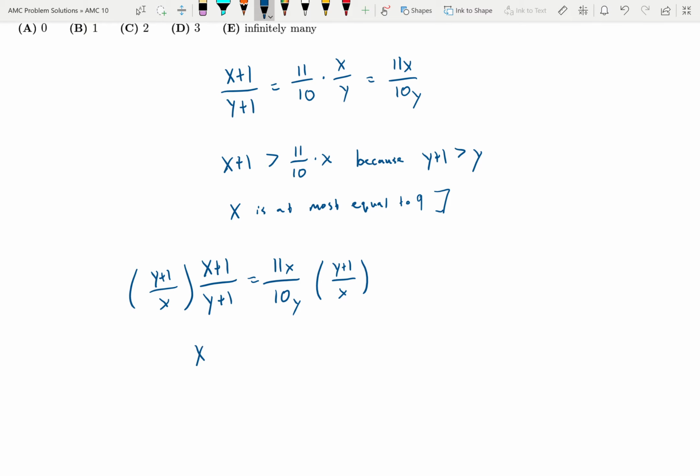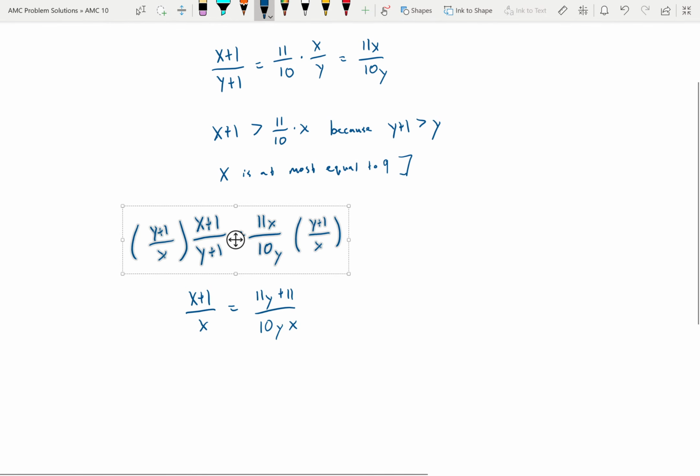So now I get x plus 1 over x is equal to 11y plus 11 over 10y, since the x will cancel in the numerator.